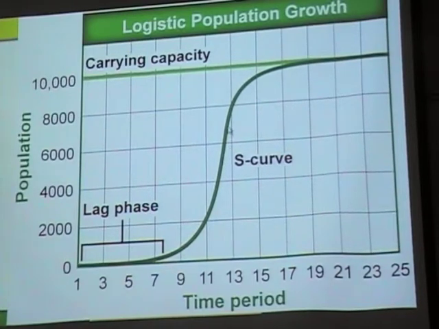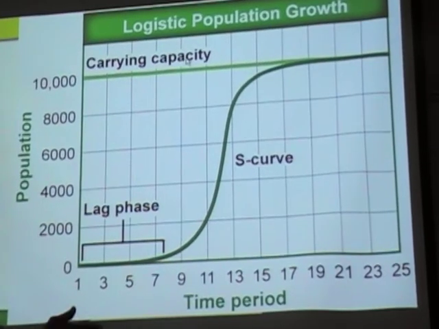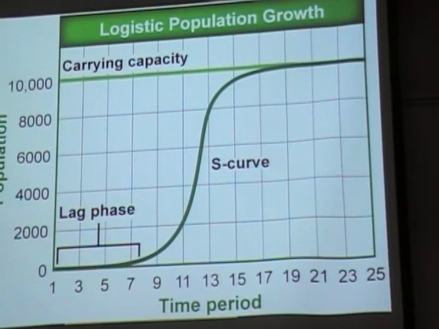But now it's just starting to level out a little bit because we're running into problems. We don't have enough food to feed everybody. There's a lot of pollution. And eventually it'll level out. They think it may level out at around 12 billion people on the planet. You know how many there are now? 6. So they think it might double before it's all over. But the carrying capacity is the total amount of people the planet can support. Or if it's a field, it's a total amount of mice that can be in that field.